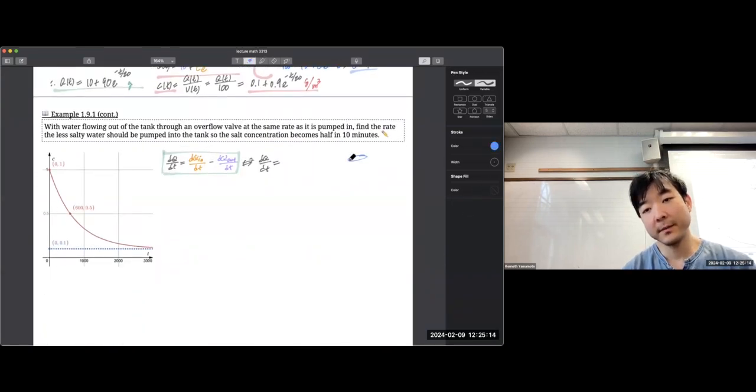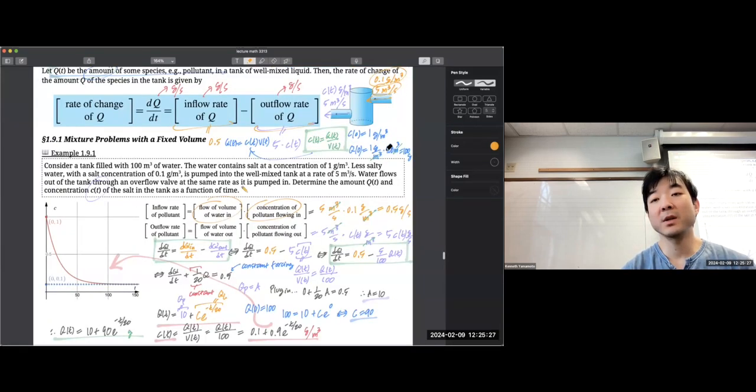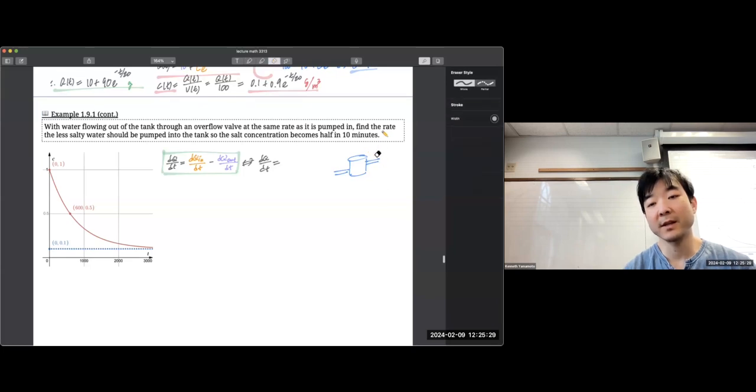So you have a tank. You've got inflow, outflow. Okay, so water going in is going to go in at a rate of some cubic meters per second, but we're not sure what that is. So we'll just say R is the rate, cubic meters per second.